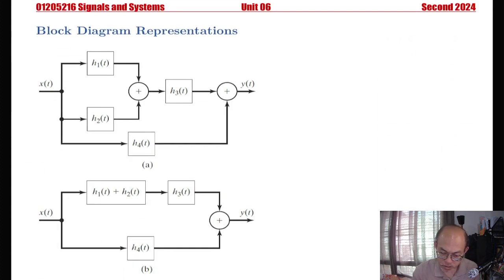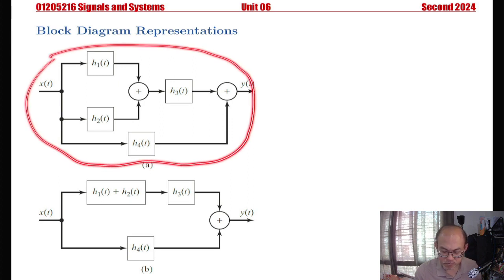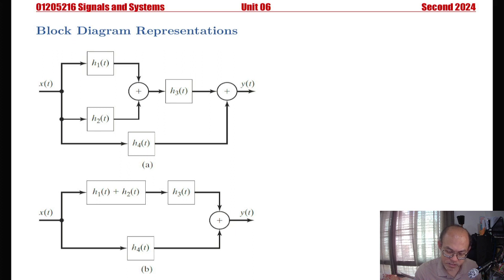Now, block diagram representations. Suppose we want to simplify this system. Okay, let's take a look at what this system does. We have the input x coming in, right? And the input x is applied to 3 things. The top one is the linear system H1. The second one is the linear system H2. And the third one, the bottom one, is the linear system H4.